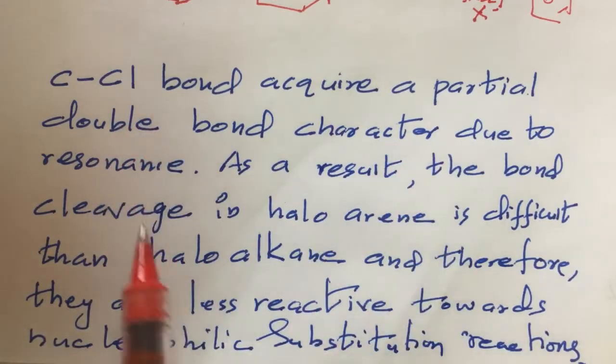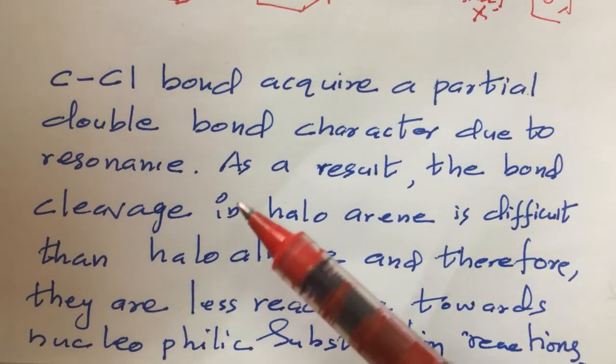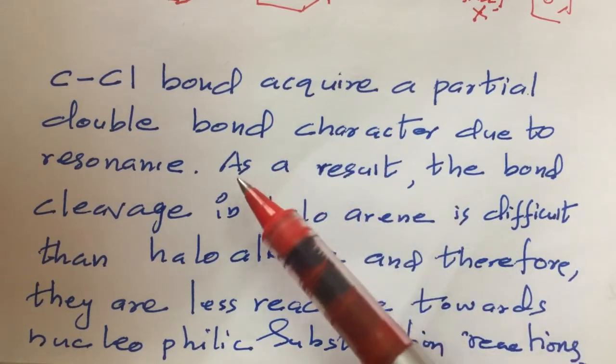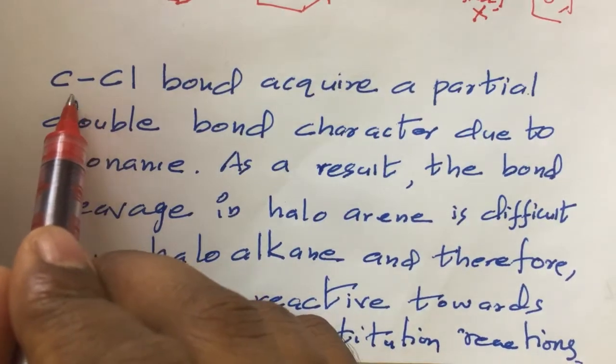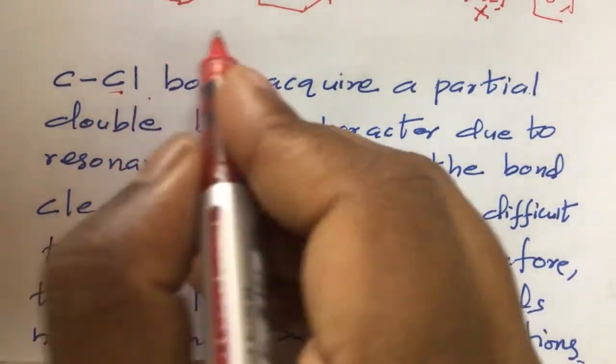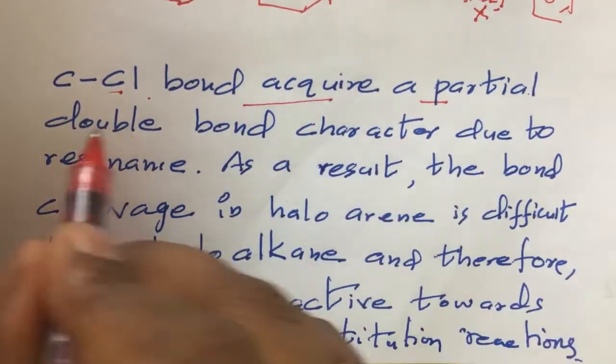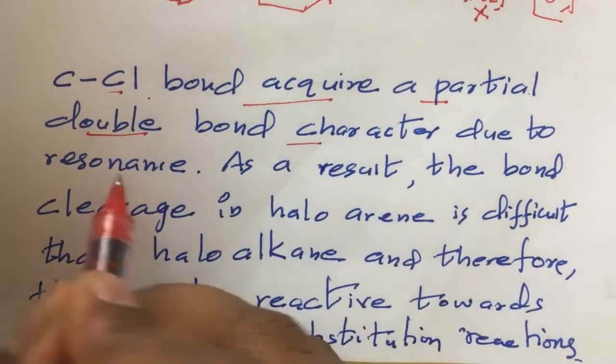Okay, let's read this paragraph. From this paragraph, you will get a clear picture of the resonance effect in nucleophilic substitution reaction of haloarenes. Carbon-Cl bond acquires a partial double bond character due to resonance.